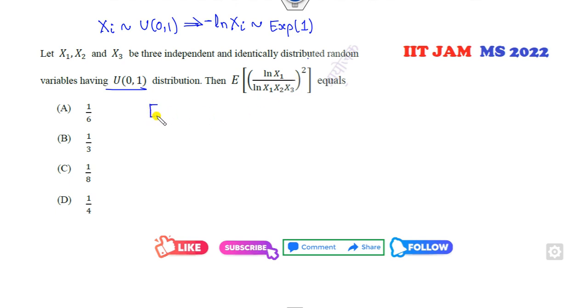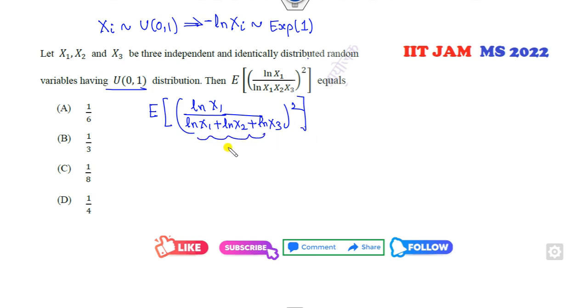Firstly I can write this numerator part as ln of x1 plus ln of x2 plus ln of x3, whole square. Fine. So if I call this y, then your target is to find the expected value of y square. Clear? Now how can you find this ratio?